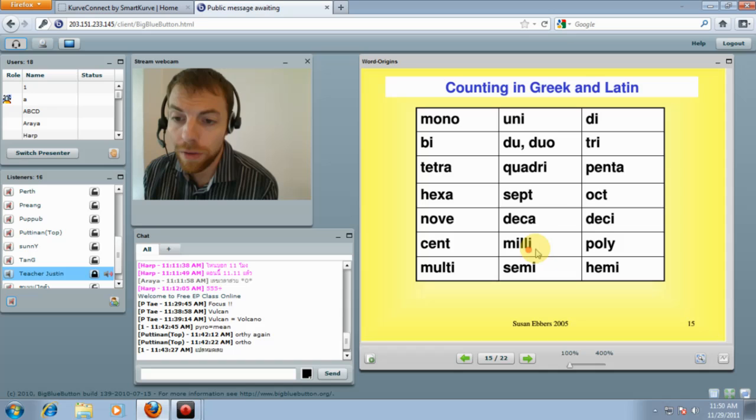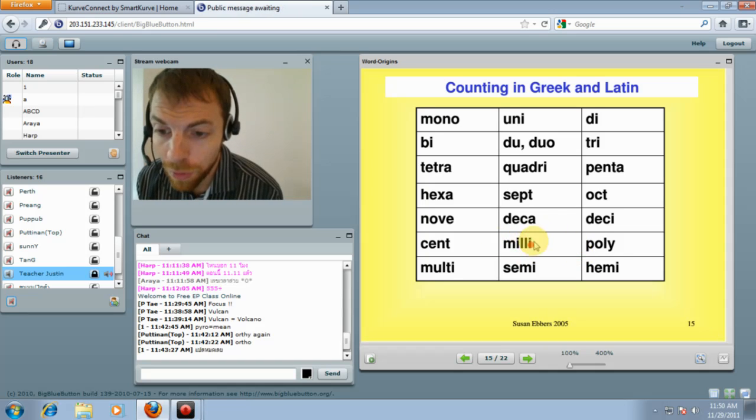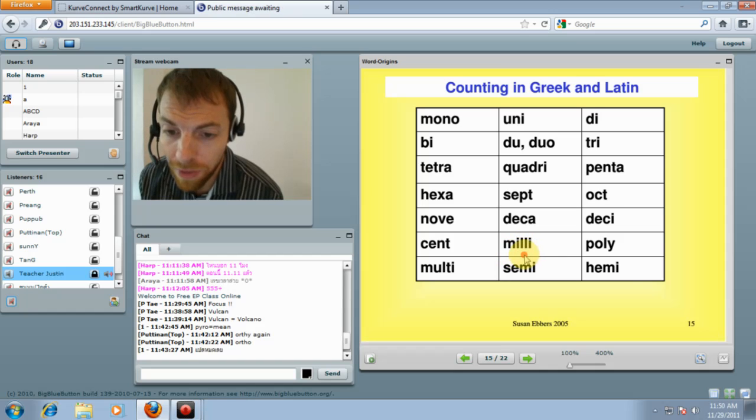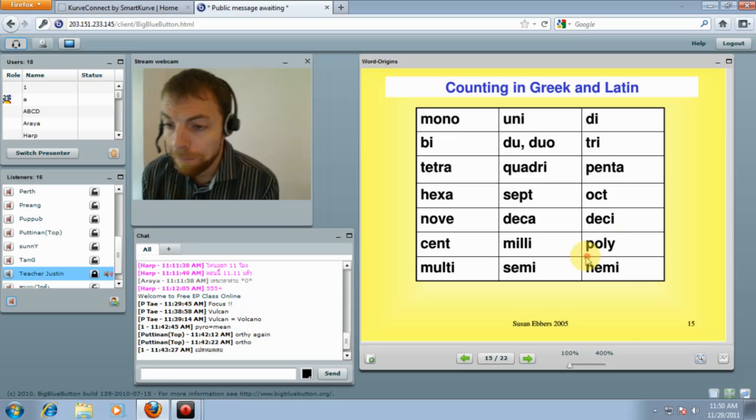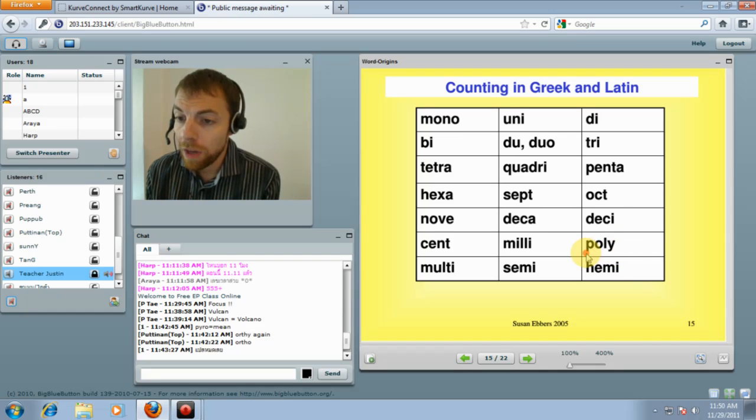And so even in English, the word million is similar with the same base. Poly is to do with a shape, usually. A polygon just means it is a shape with many different sides. Poly just means many, usually.